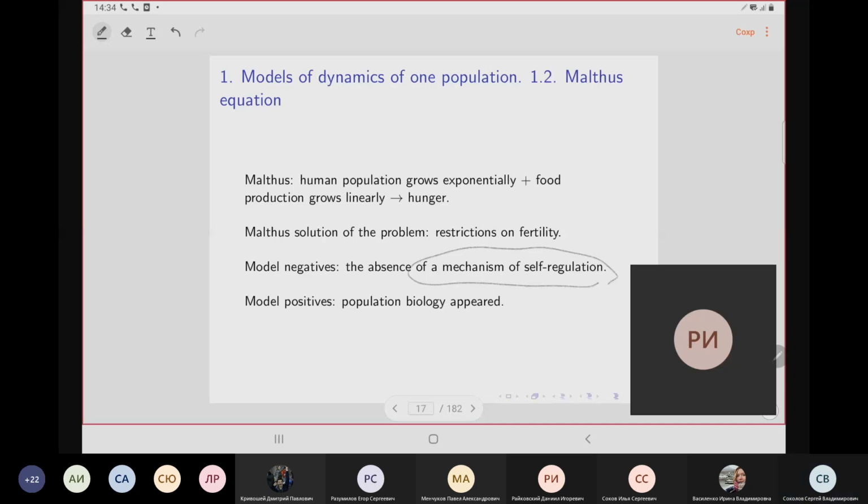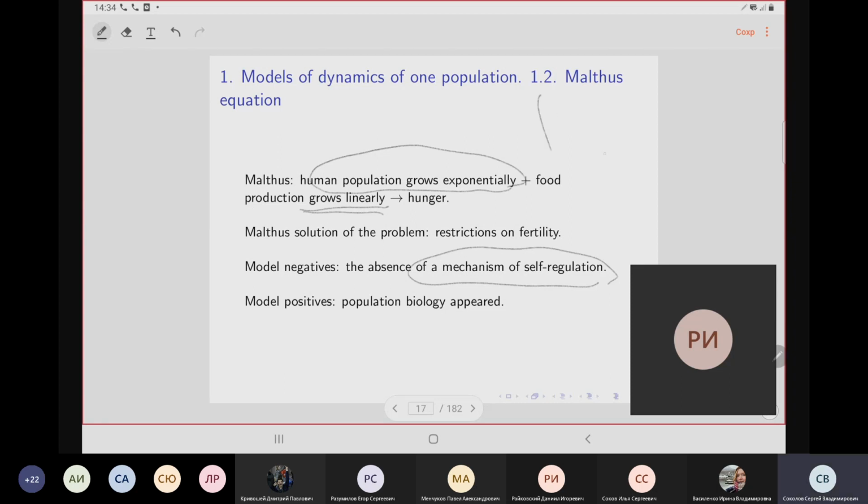What was the first Malthus idea? He examined the existing situation in Europe at the end of the 18th century, and he understood that the human population at that moment grew exponentially, and that food production grew only at a linear speed.